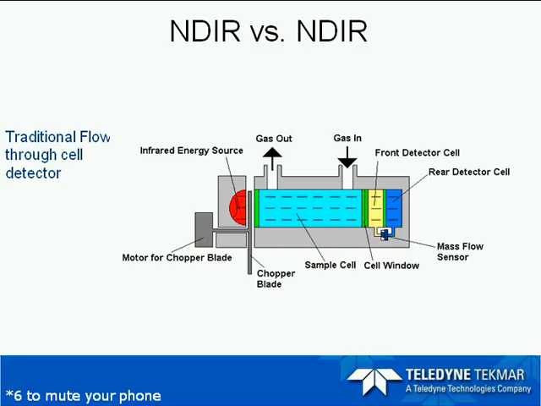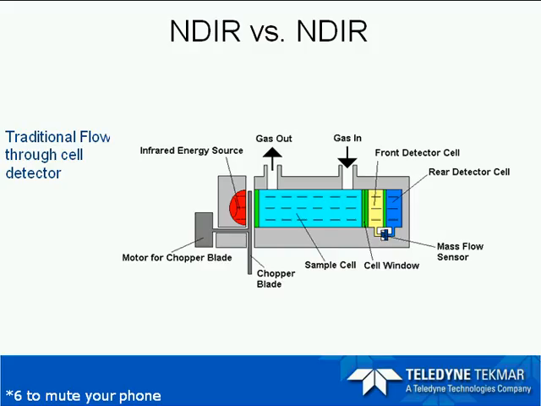And then on the right-hand side, you have the actual detector. You have a front and rear detector cell inside that one detector. Connecting the two, front and rear detector cells, is a mass flow sensor. Now the rear cell is sealed, and the front cell is open.